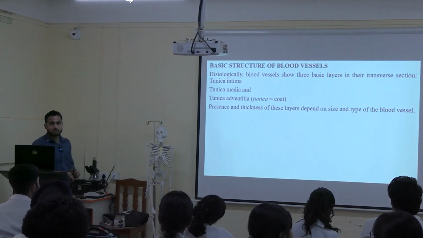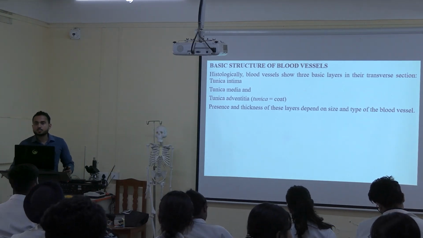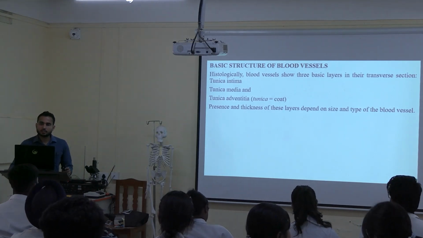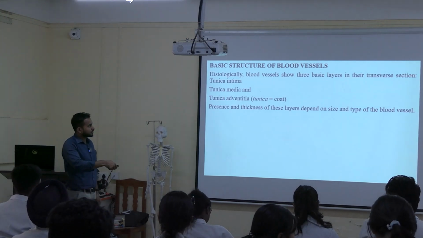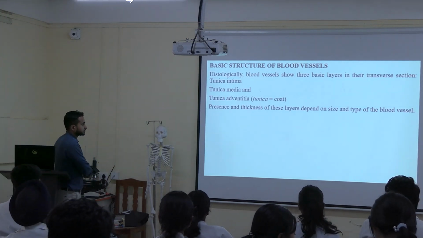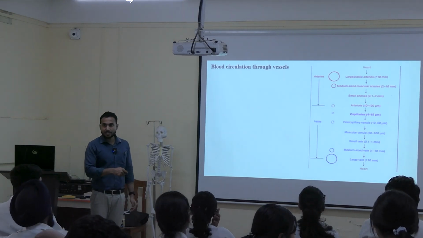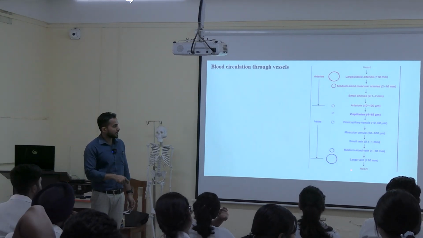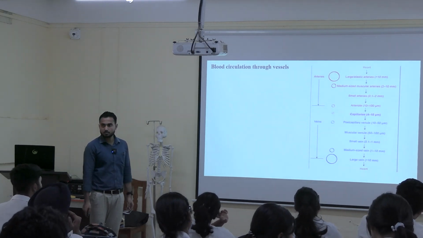Okay. Next, the blood vessel. In the blood vessel, what you have to know, first of all, if you take any blood vessel. Okay. Now, before going to the blood vessel, let me show you one thing. This is the flow chart by which you can see how the blood is flowing in our body, starting from the heart, again going back to the heart.